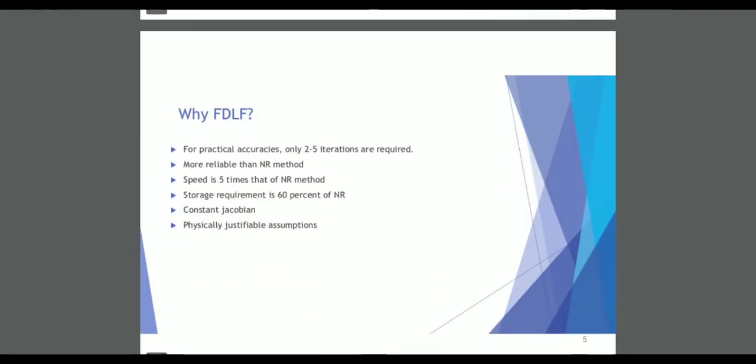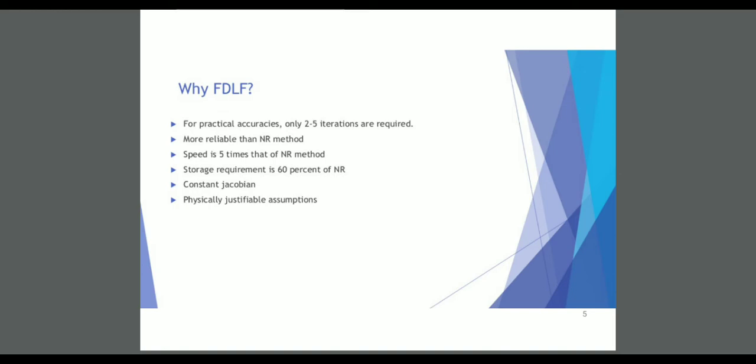Coming to why we need to use the FDLF method, that is the fast decoupled load flow method, other than the Newton-Raphson and Gauss-Seidel methods. The first thing is that it needs to perform only 2 to 5 iterations, and it is more reliable than the NR method, and the accuracy of this method is very high when compared to the other methods, that is Gauss-Seidel and Newton-Raphson.